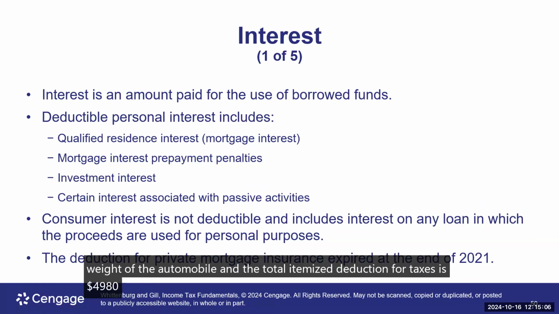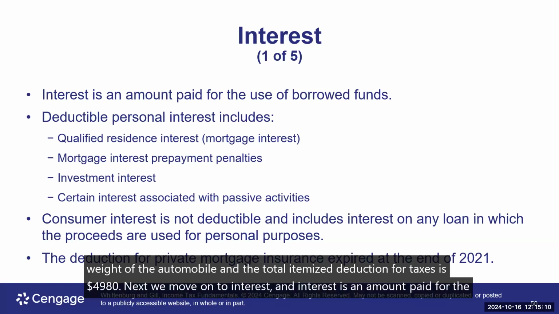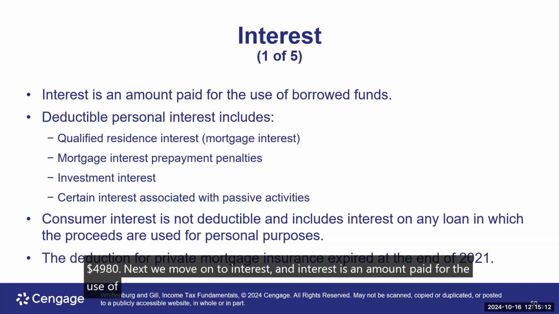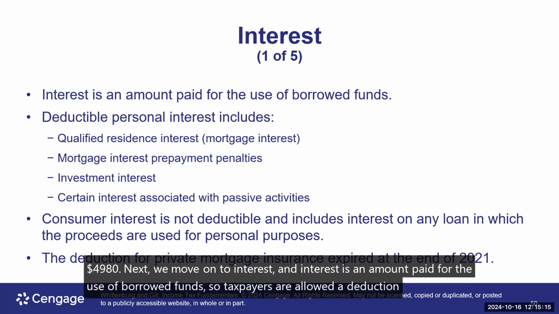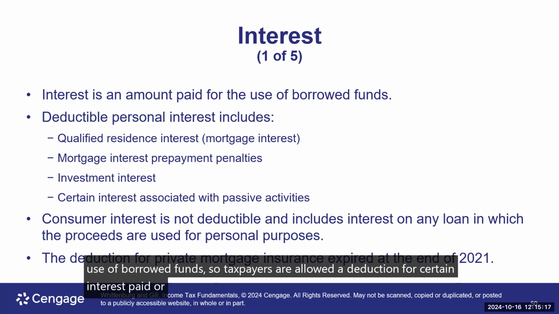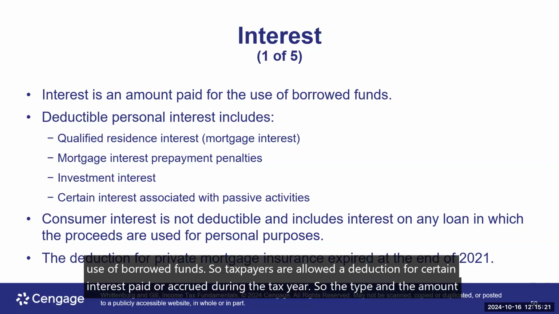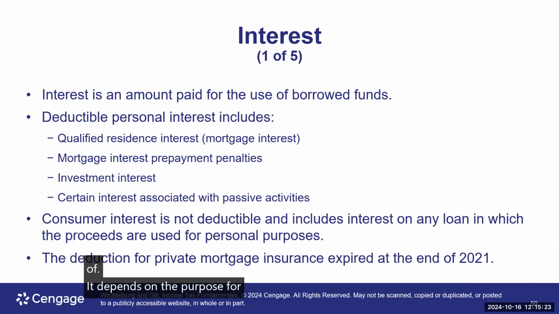Next, we move on to interest. And interest is an amount paid for the use of borrowed funds. So taxpayers are allowed a deduction for certain interest paid or accrued during the tax year. The type and the amount of the deduction depends on the purpose for which the money was borrowed.